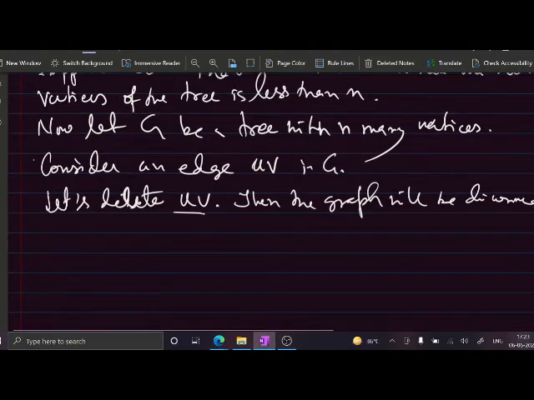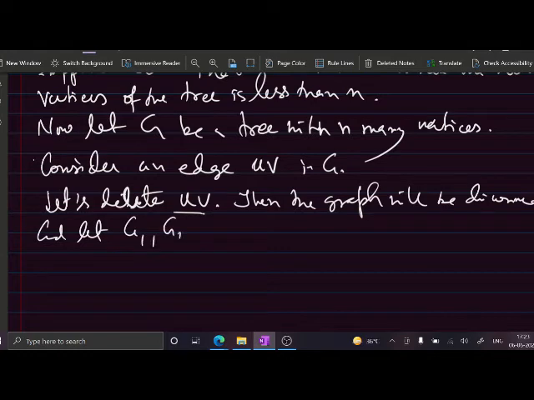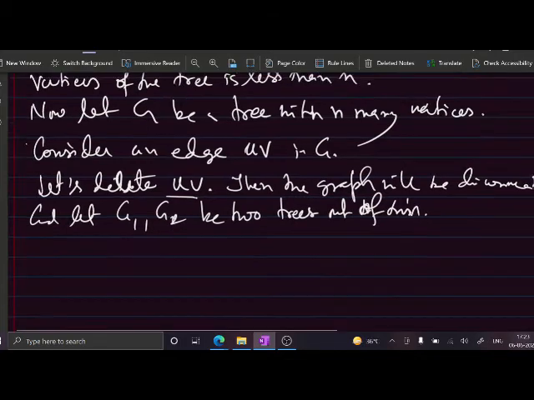Okay, and once it is disconnected, the two graphs that you are getting out of this are going to be trees. Let G1, G2 be the two trees out of this.